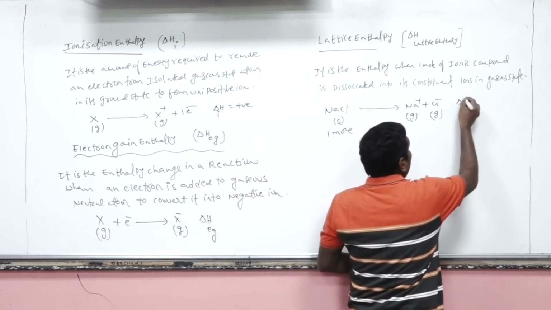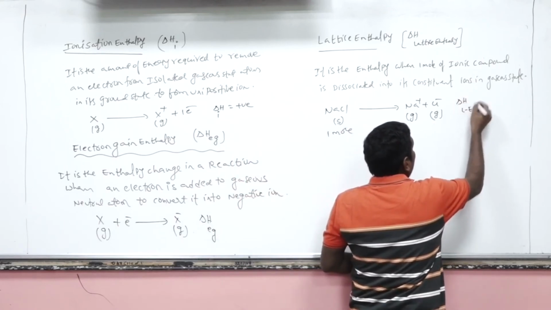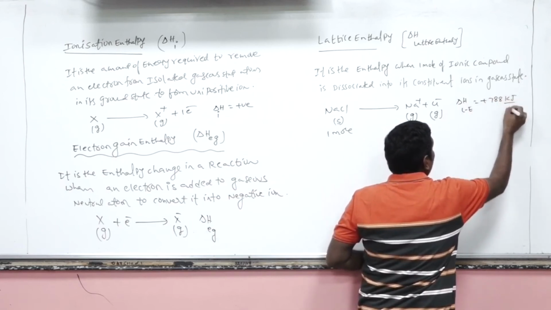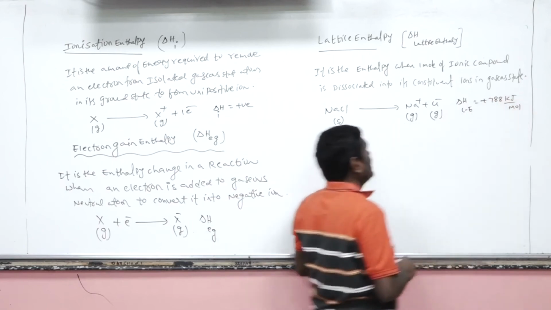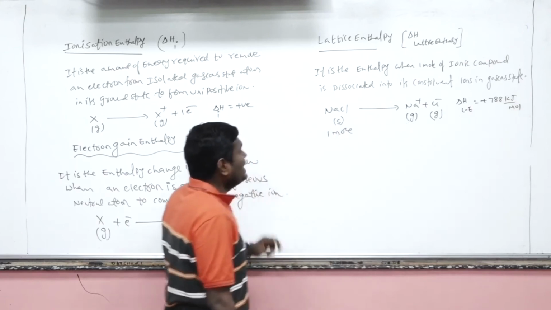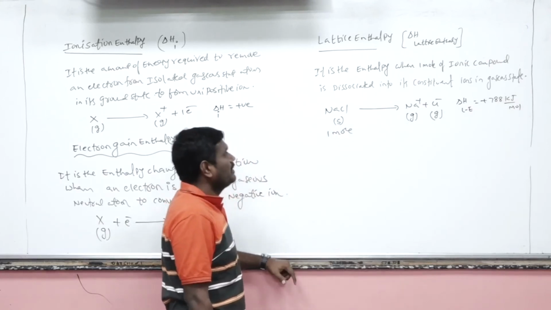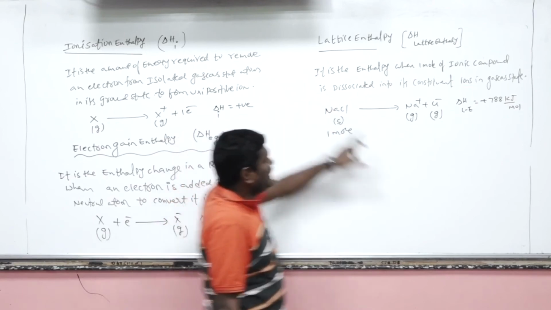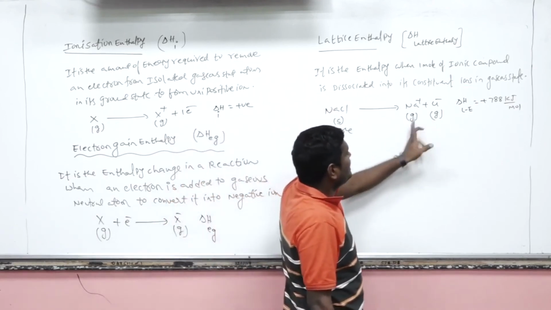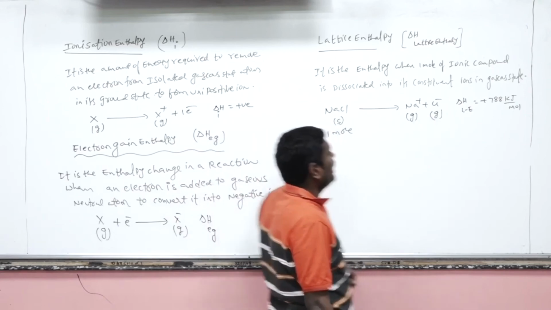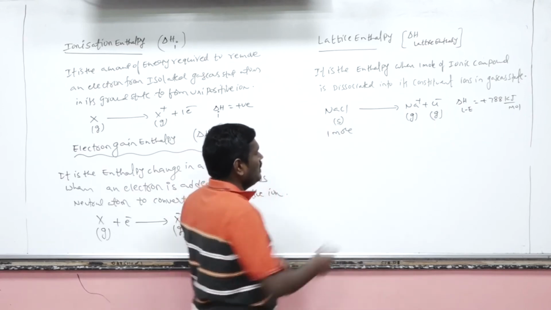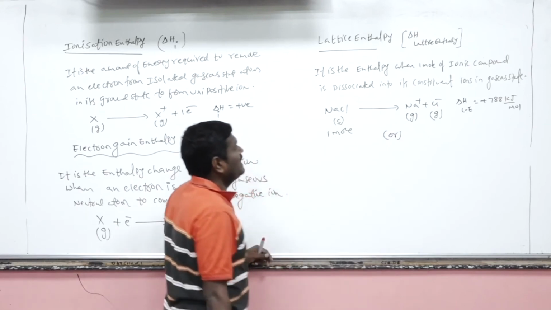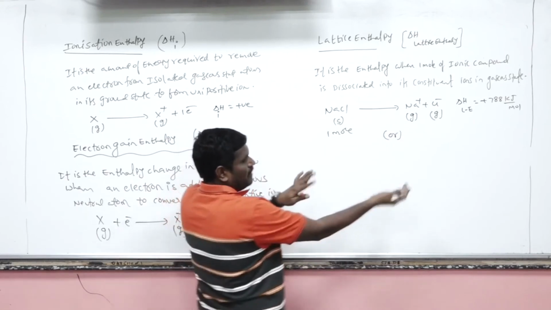In this situation, the enthalpy is 788 kilojoule per mole of NaCl. This corresponds to the NaCl crystal. It is the amount of heat energy required to break 1 mole of an ionic compound into its constituent oppositely charged gaseous ions.